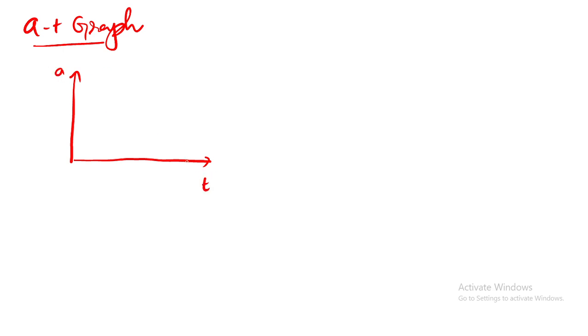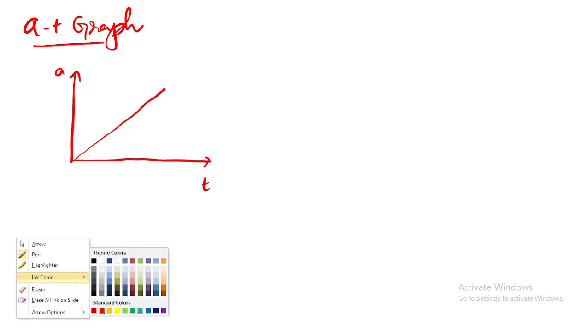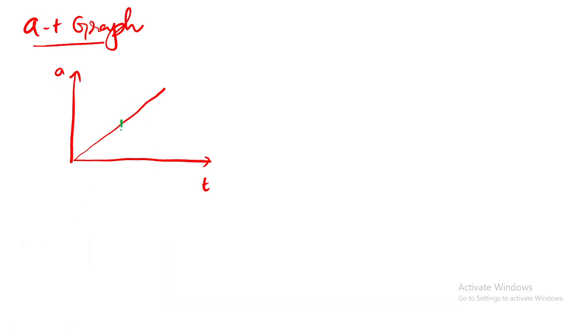So A and T, here the points are there. P is here, time was T1, acceleration was A1. Q, time is T2, acceleration is A2. Drop down, here the time is T1, T2.